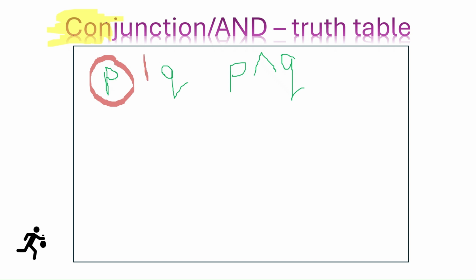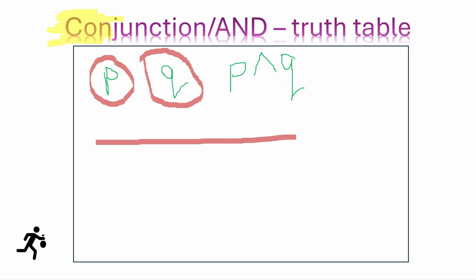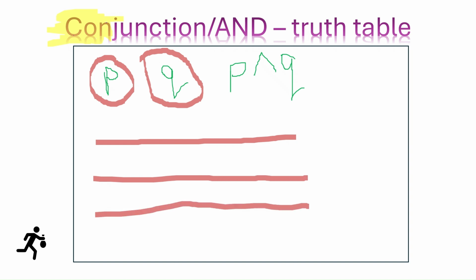P and Q, for all the tables that has 4 rows and 4 columns. So 1, 2, 3, and this of course is our 4th row. Wherever we have 4 rows and 4 columns, P and Q are fixed. The values will never change. Okay, so let's continue.